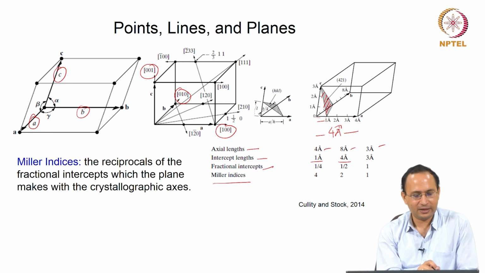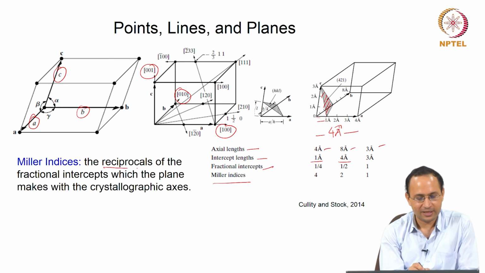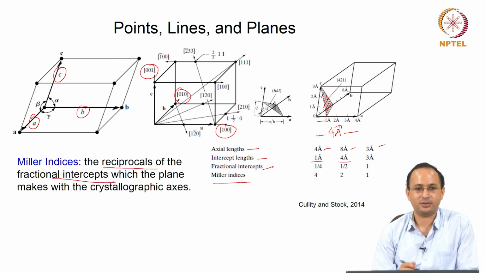So, basically what are the Miller indices? The reciprocals of the fractional intercepts which the plane makes with the crystallographic axes. Any plane will make some intercepts. So, you have to calculate those intercepts, and then it is a reciprocal of the fractional, that is the key, reciprocals of the fractional intercepts.